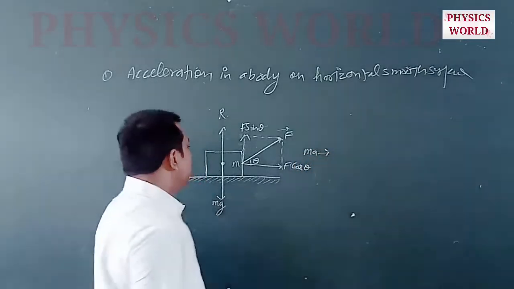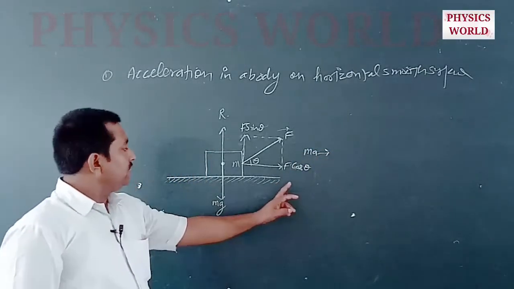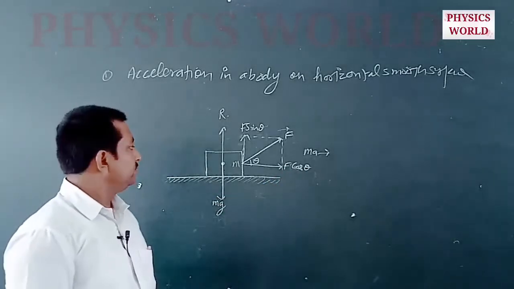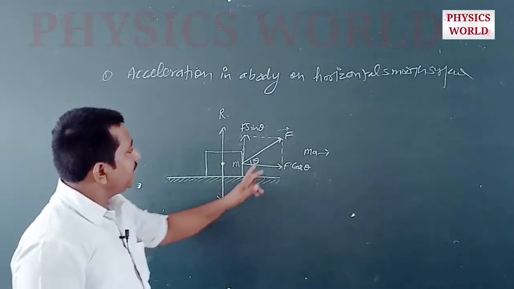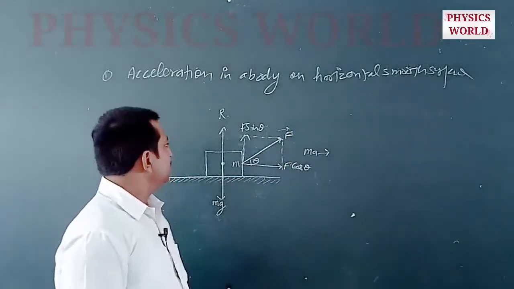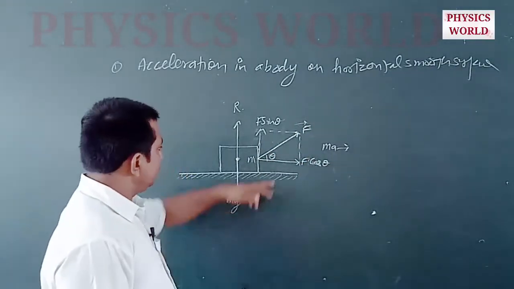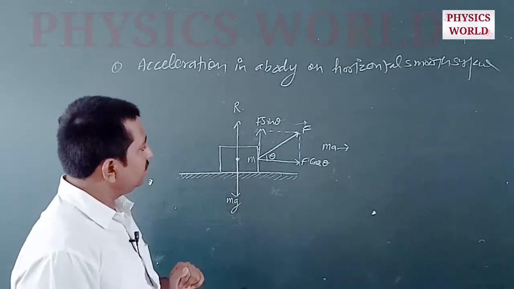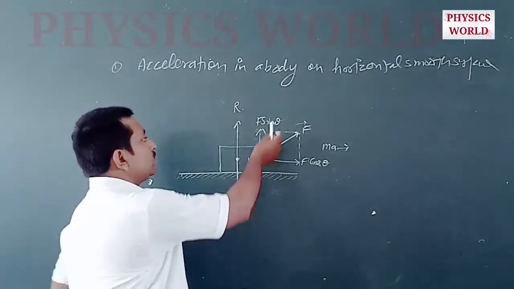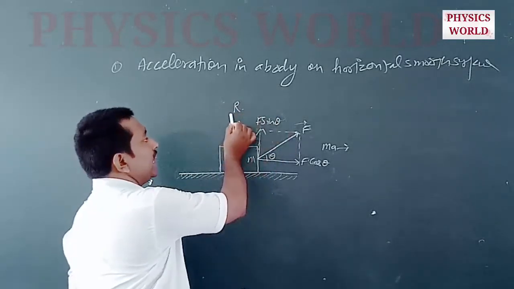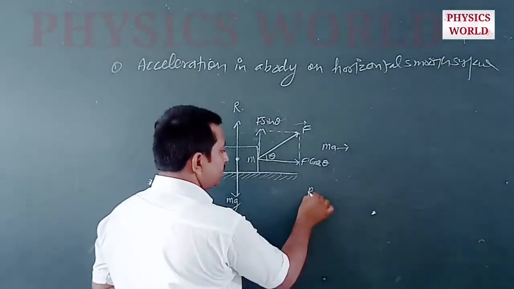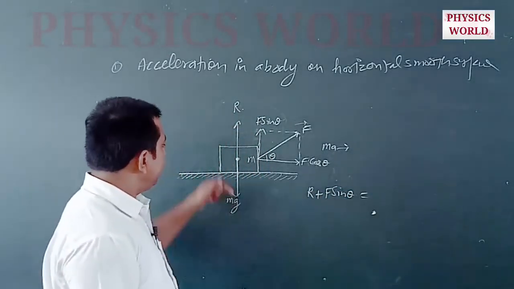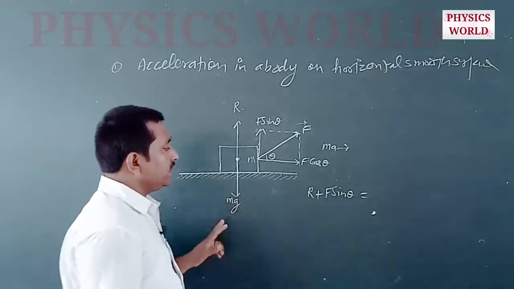So ma is equal to F cos theta. But as we know, when there is a force acting on this object, if we write the balancing forces in the vertical direction, the total vertical force acting on this object is R plus F sin theta, and this is balanced by mg.